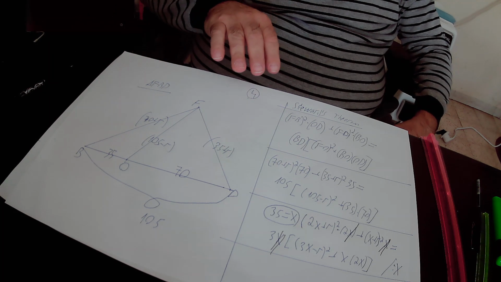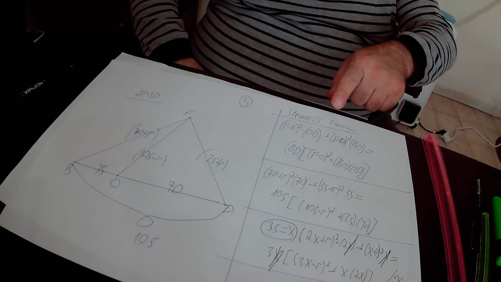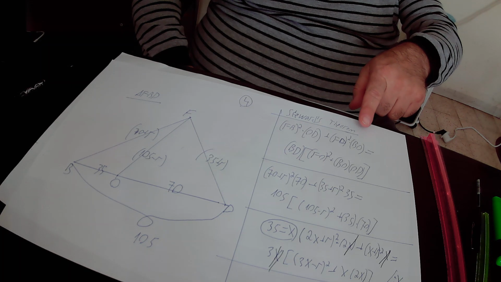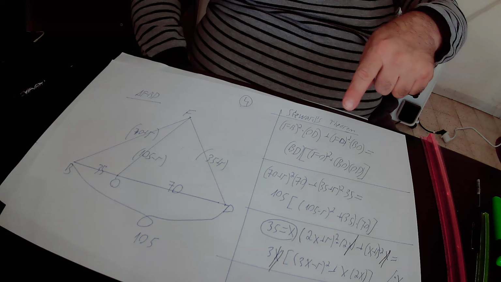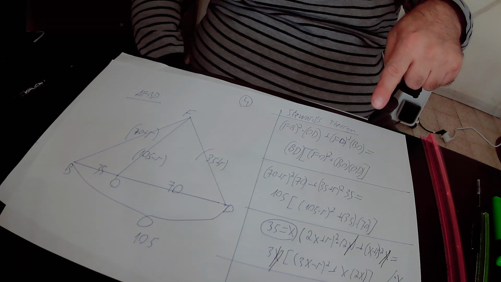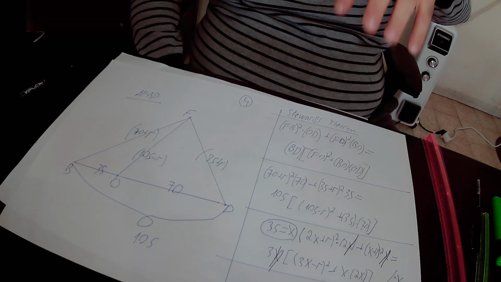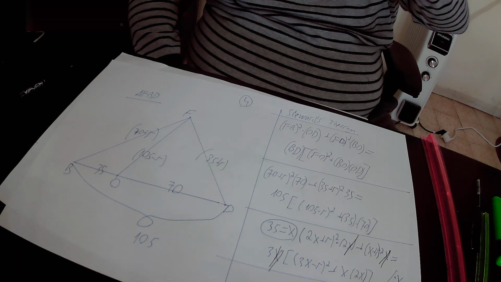I repeat again, according to Stewart's theorem, in this triangle FBD, FB squared times OD plus FD squared times BO equals BD, we open brackets. Inside the brackets we have FO squared plus BO times OD. This equation is the implementation of Stewart's theorem in our triangle FBD.